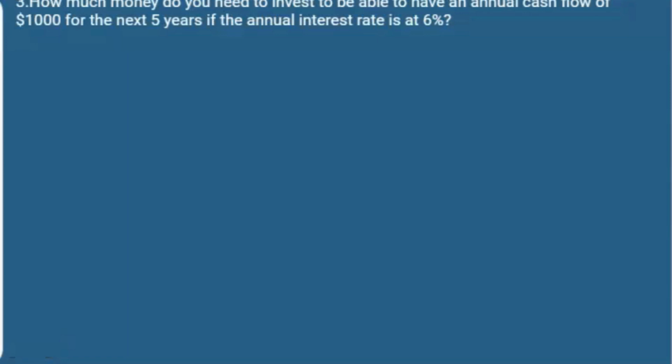They're asking for the money that you need to invest, so that means we're looking for the present value. And to have an annual cash flow of 1,000 if the annual interest rate is 6%, again this is a simple annuity.